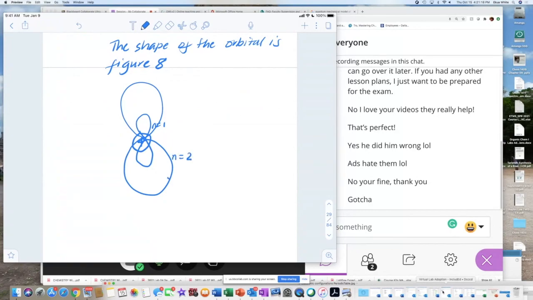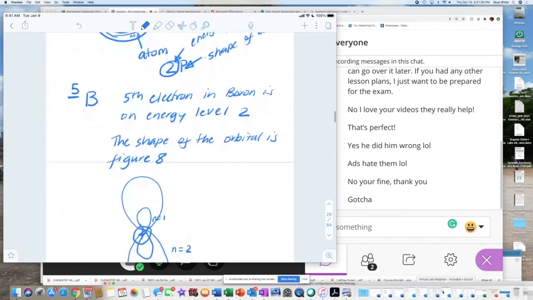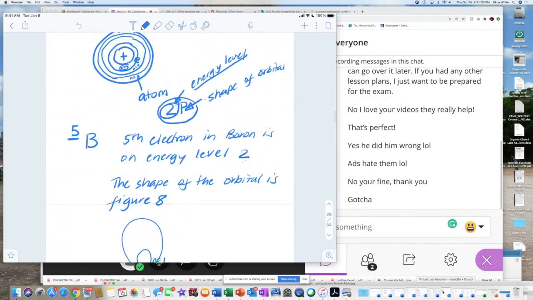And then somewhere in this, well, actually it's inside. So somewhere in here is my electron. Okay, they will not ask you to do this, but I'm trying to illustrate to you that these do have meanings, and they're telling you the energy level and the shape of the orbital. Okay, so as you go through, you see all that stuff.